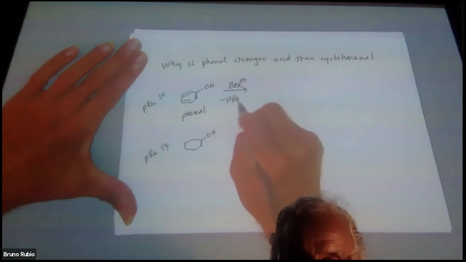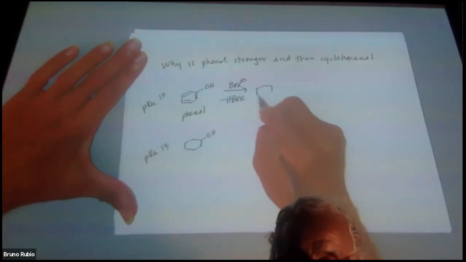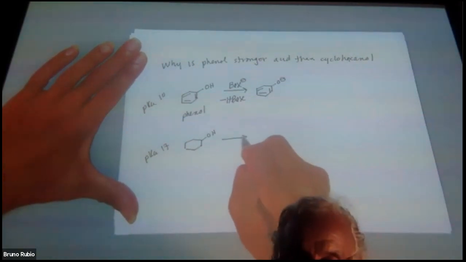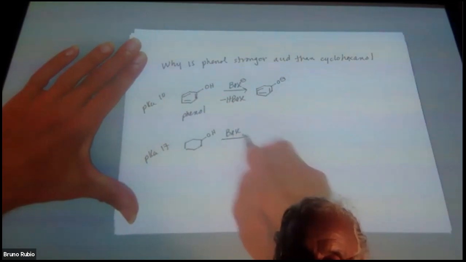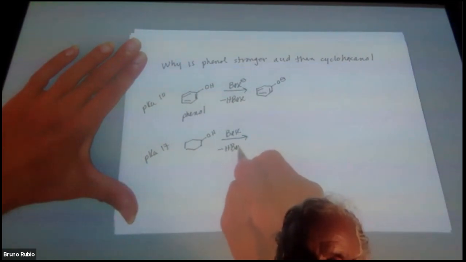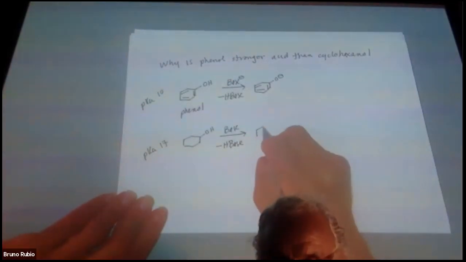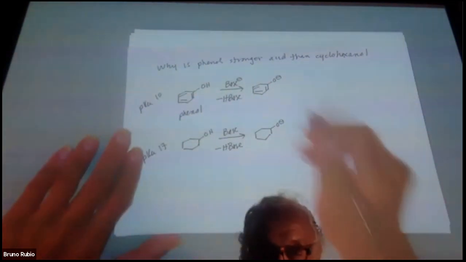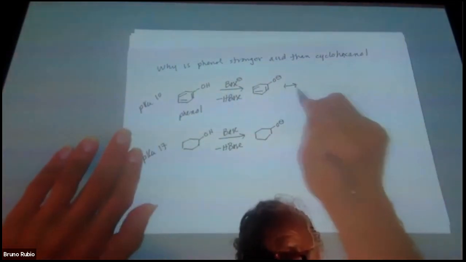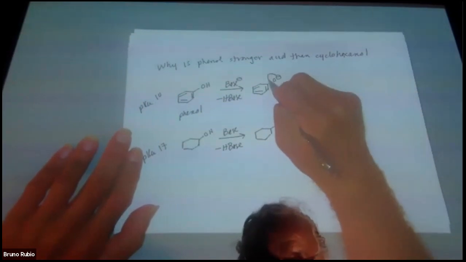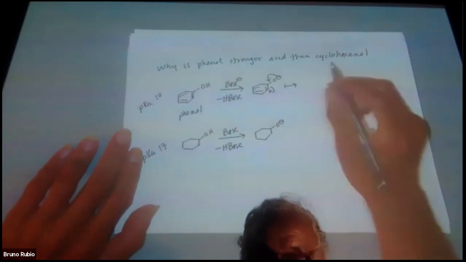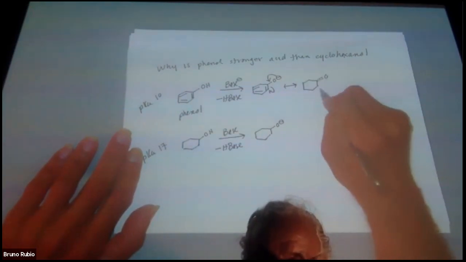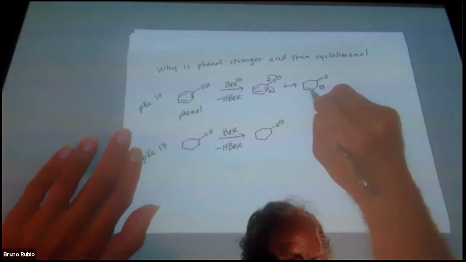The base removes the most acidic proton, which is that phenolic proton, to give O minus. Cyclohexanol reacts with a base. The base removes the most acidic proton, which is the OH proton, to give us this. And now, once again, we see that we have all kinds of resonance structures that we can draw for the conjugate base of phenol. So I'm not going to draw all of them, just some of them.